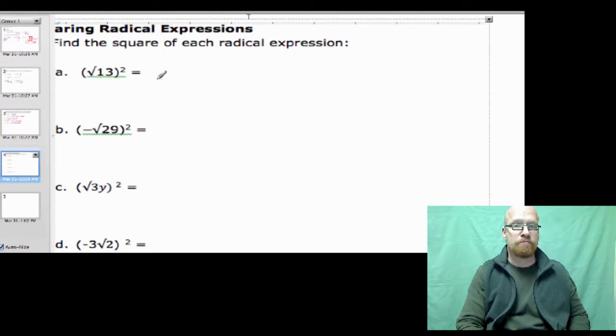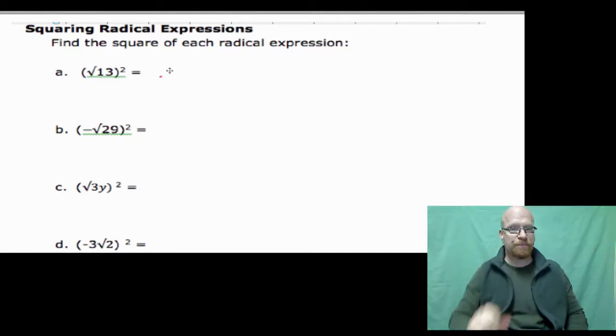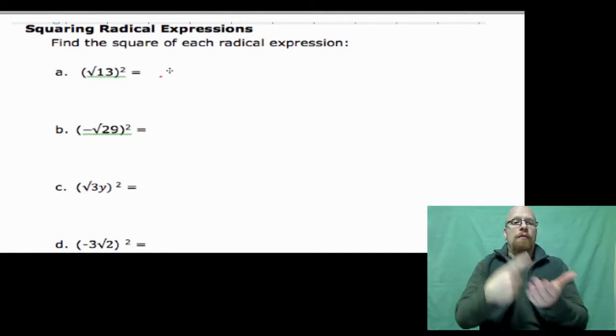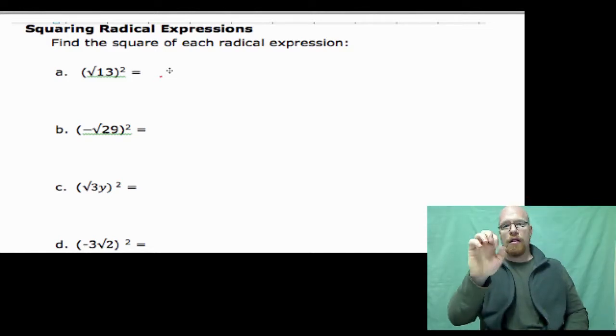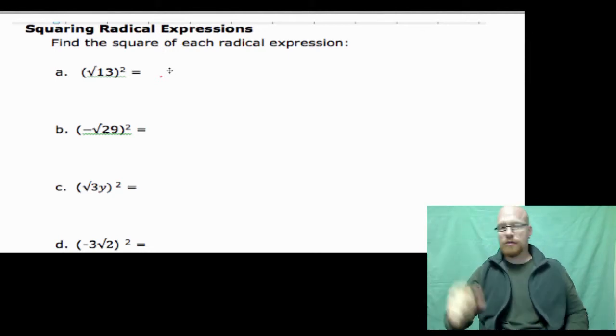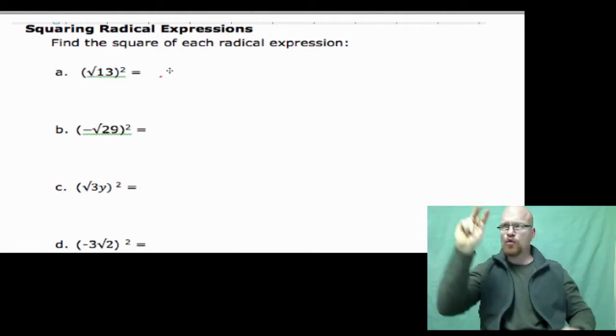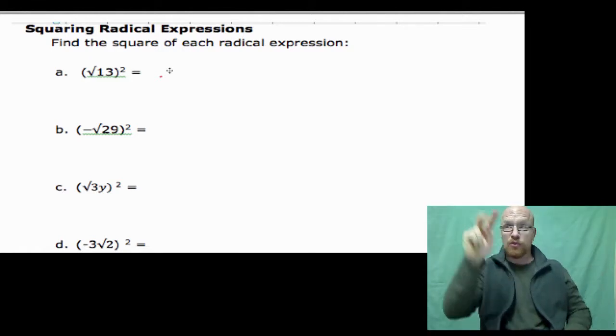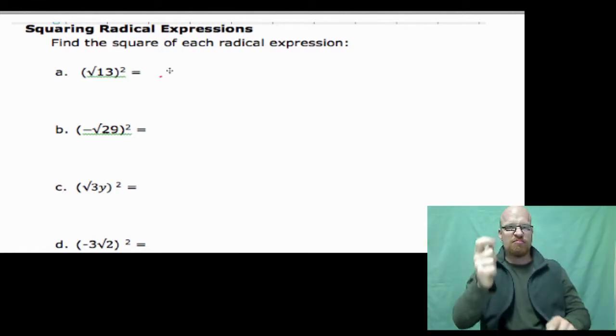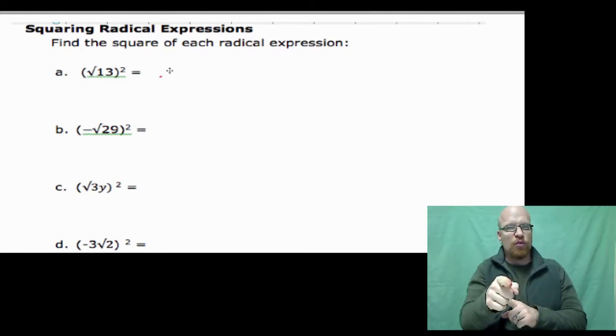Okay, now we're going to talk about radical expressions. So we have the square root of something. Square root of 13 squared. The square root and a square really cancel each other out. One undoes the other. The answer is just 13.